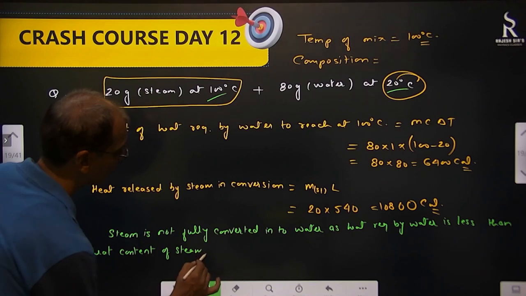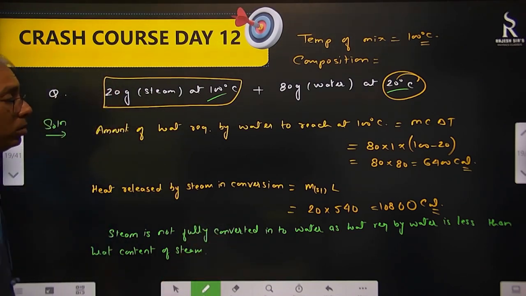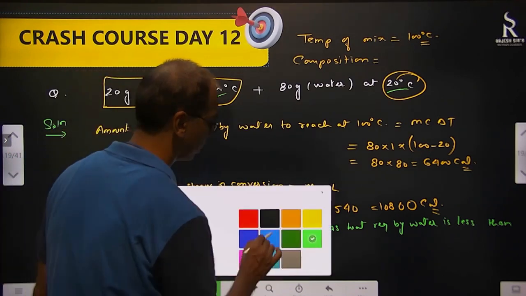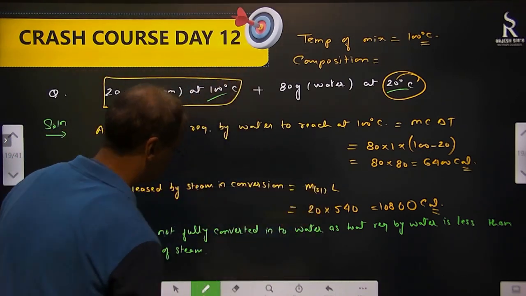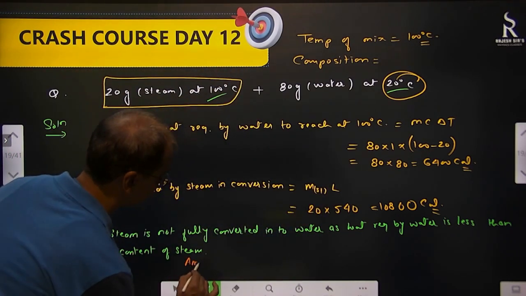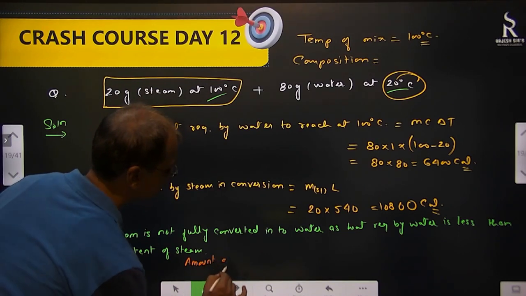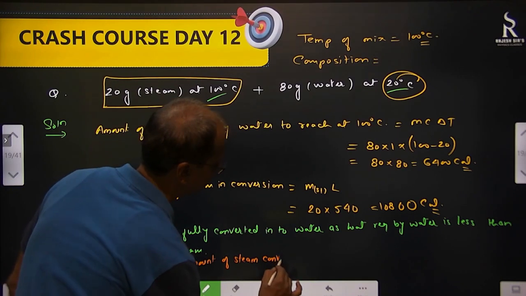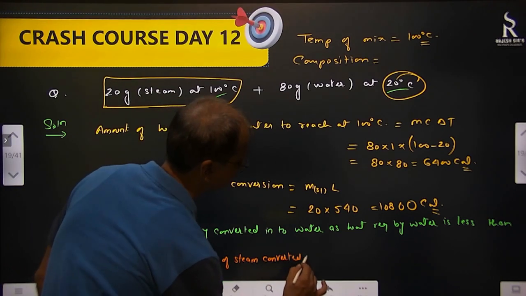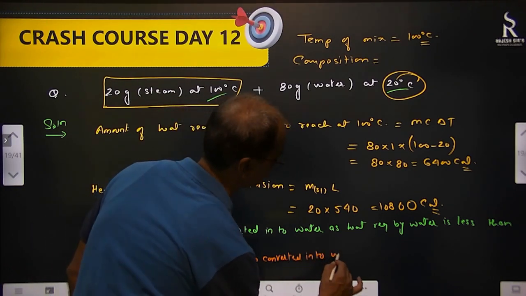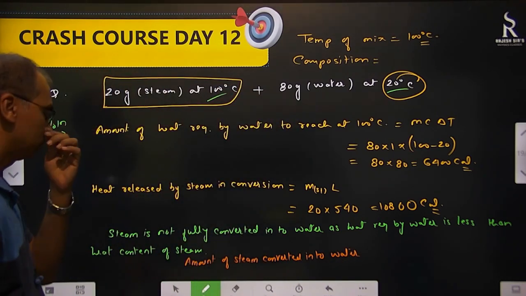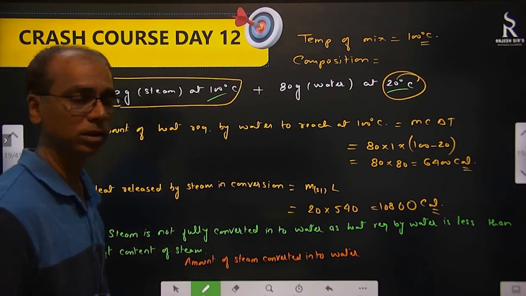Okay. Now, how much amount of steam is converted into water then? How to find? Again same, because latent heat only for conversion.